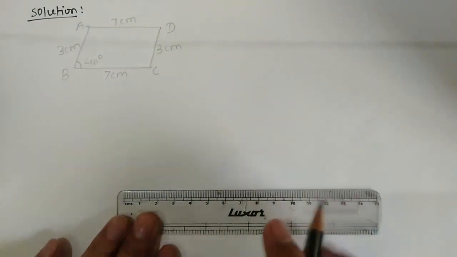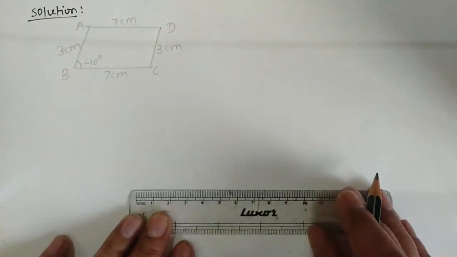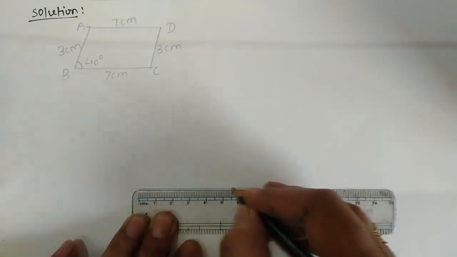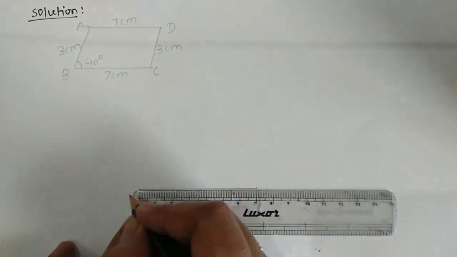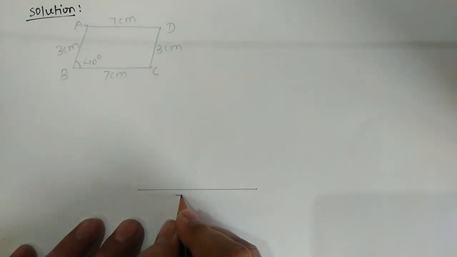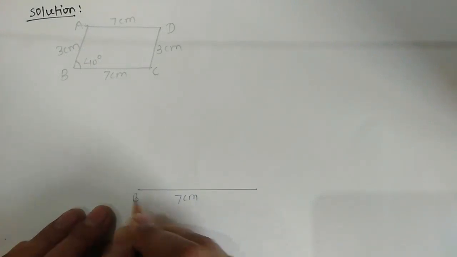Firstly, draw the baseline of 7 cm. Give the measurements and label here, 7 cm BC.